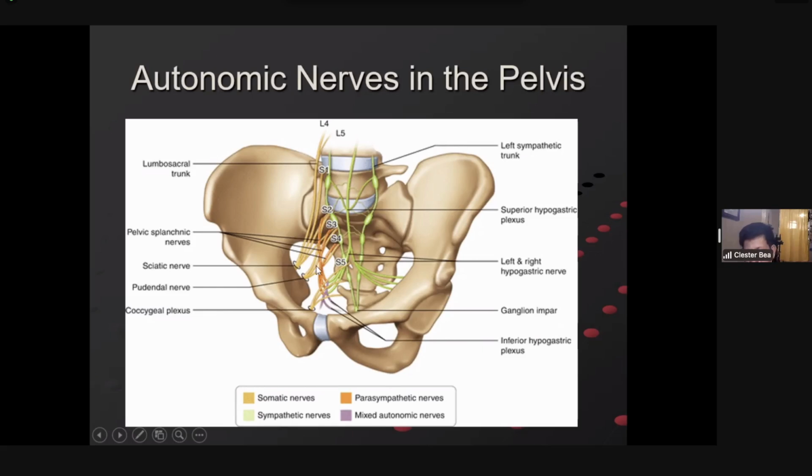And the parasympathetic fibers from the pelvic splanchnic nerves will merge with the hypogastric nerve, which is sympathetic, and form below your inferior hypogastric plexus of nerves, which is now a mixture of sympathetic and parasympathetic fibers to supply the visceral organs in the pelvic cavity: the rectum, the bladder, the vaginal canal, and so on.